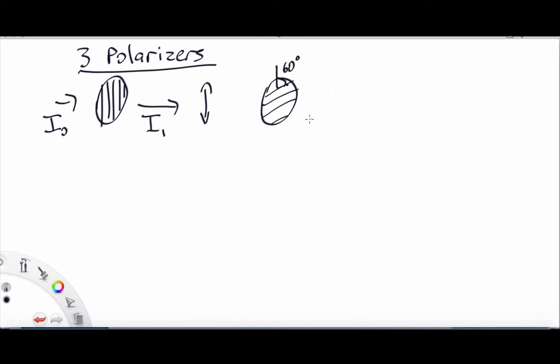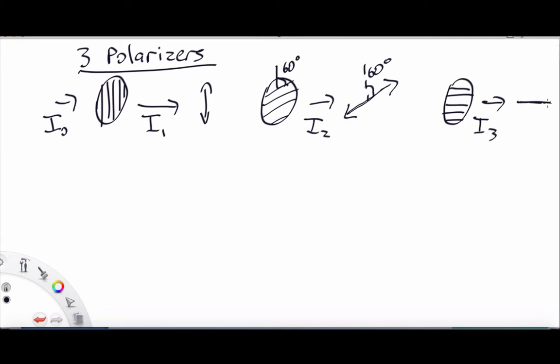So now it's dropped to an intensity we'll call I2, and the direction of polarization is now 60 degrees to the vertical. And then finally, we have a horizontal polarizer. So we have I3 coming out, and now the direction of polarization is horizontal.